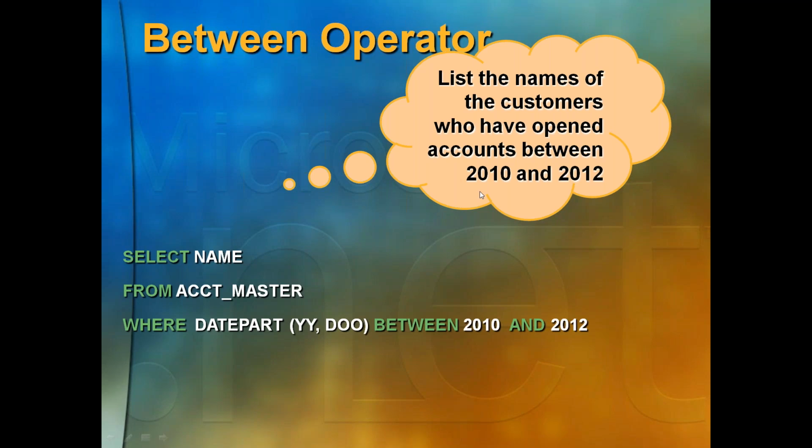To bring out the year number, we know we must use the DATEPART function: DATEPART(YY, ...) between 2010 and 2012. Symbols will not work, and you cannot say 2010 TO 2012; TO will not work because it is not English. It is SQL syntax that we are writing.